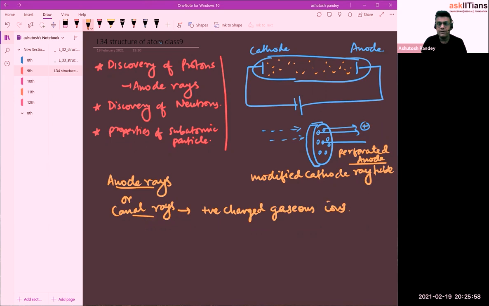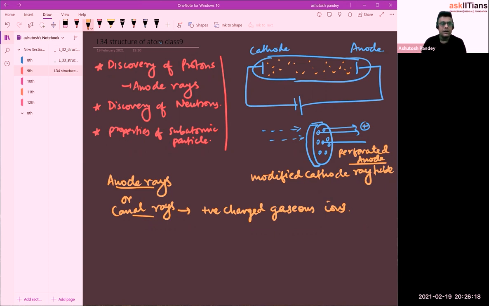So when we take different gases, the nature of these positively charged gaseous ions will be different, and that's how the mass of these particles depends on the nature of the gas filled inside the cathode ray tube.